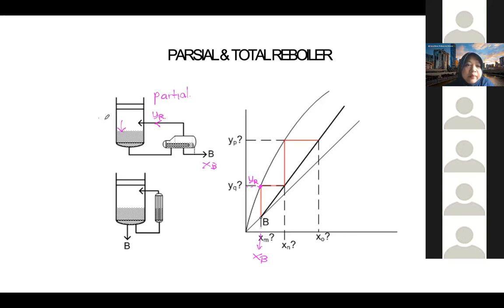XN. How to read the XN? We want to find XN, so we go to the operating line to find the XN. So this one is XN from these points.